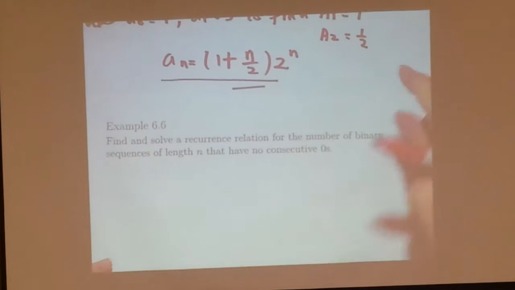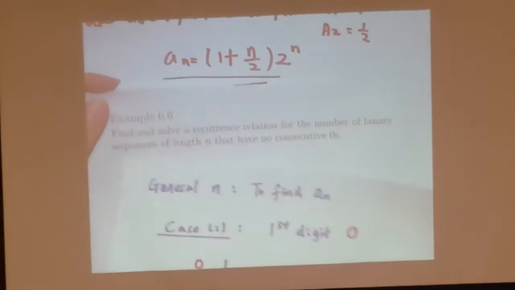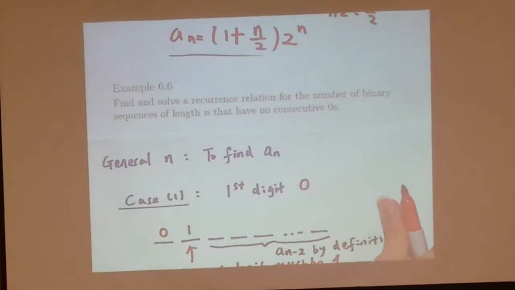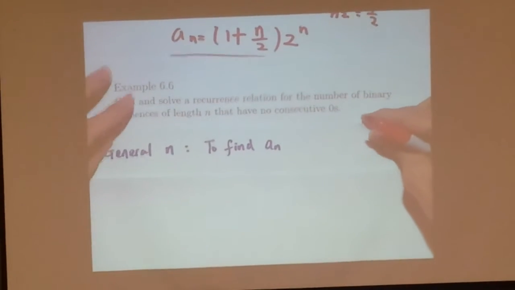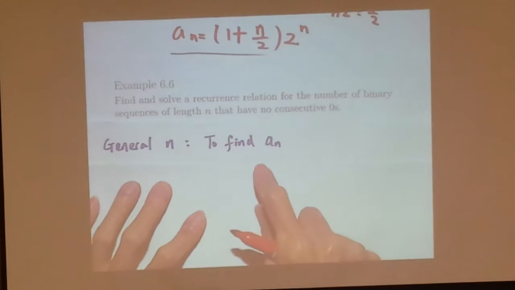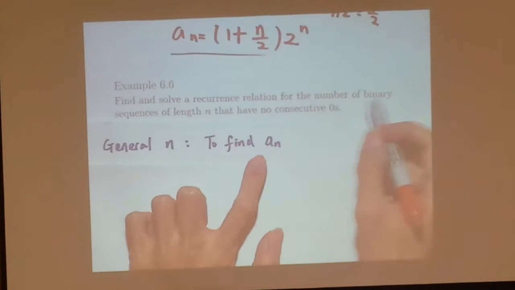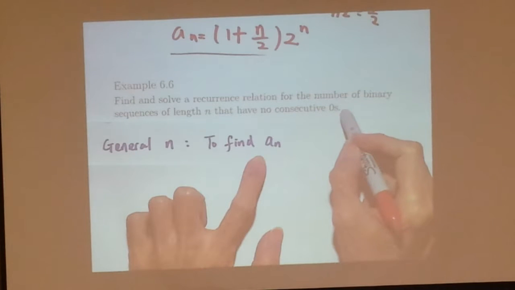So what you want is to have a binary sequence. So it's either 0 or 1. So each digit is either 0 or 1. And you can consider cases. So this is what you should have. So An, I let An be the number of binary sequences of length n with no consecutive zero.